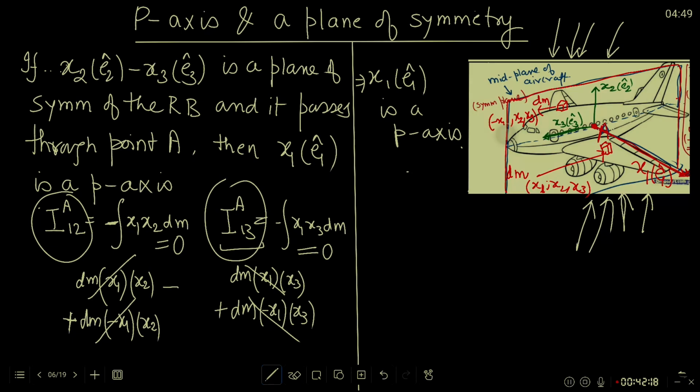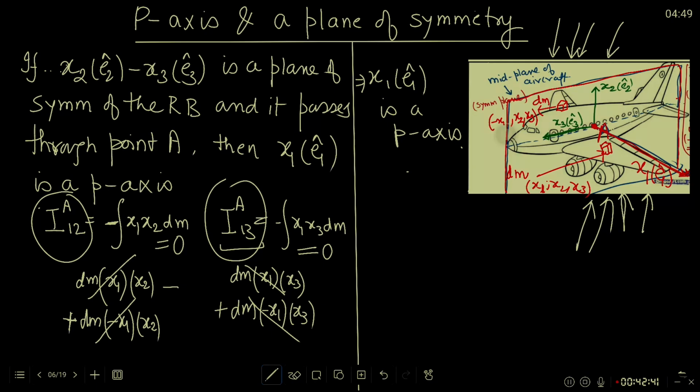The answer is no, in my understanding. If you consider the plane X1E1, X2E2, clearly that is not a plane of symmetry. The front part of the aircraft is not symmetric with the rear part, not at all. If you consider the plane X1E1, X3E3, which is sort of a horizontal plane, is that a plane of symmetry for the RB?